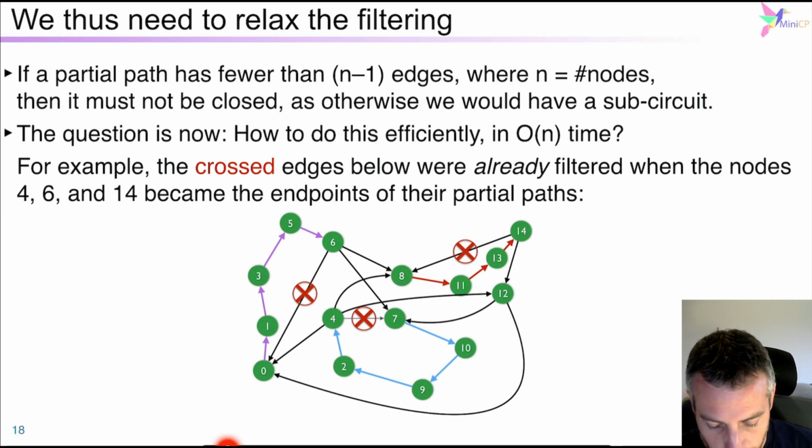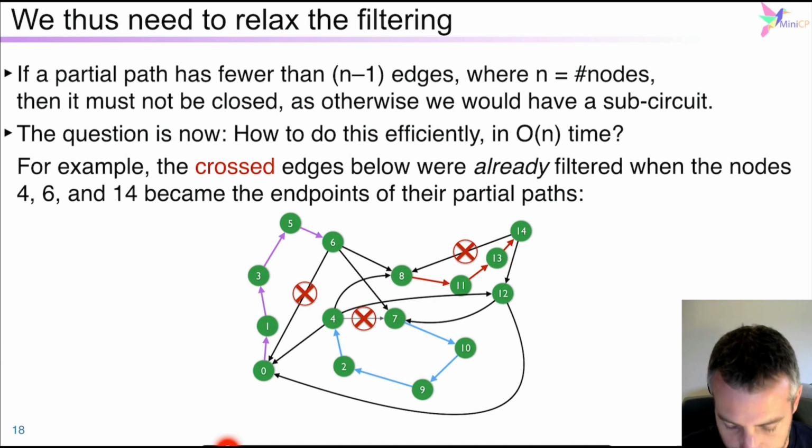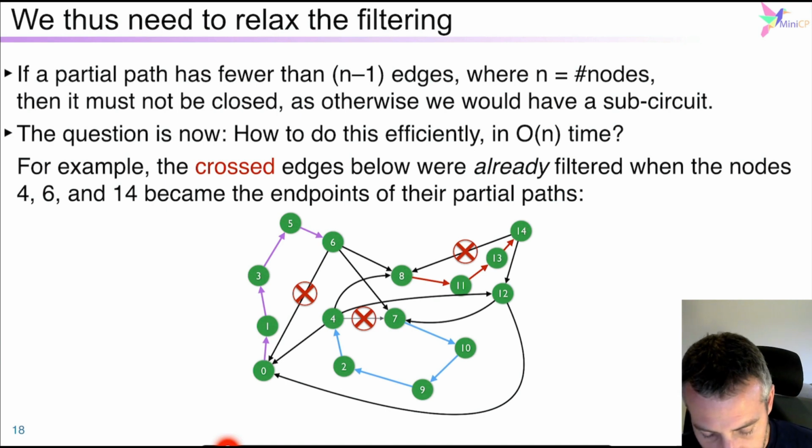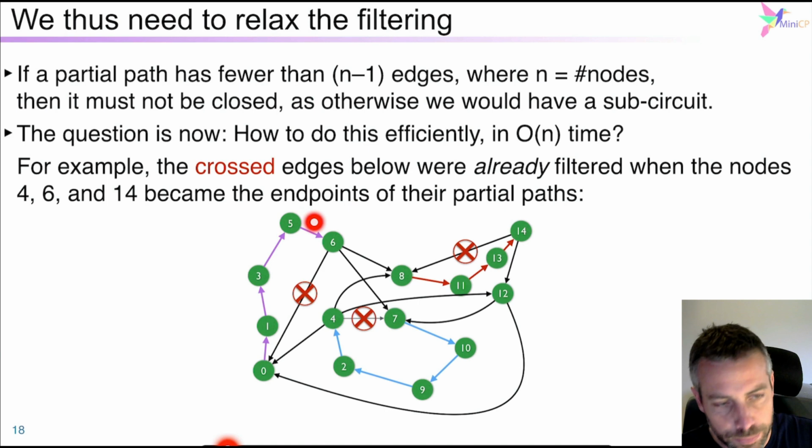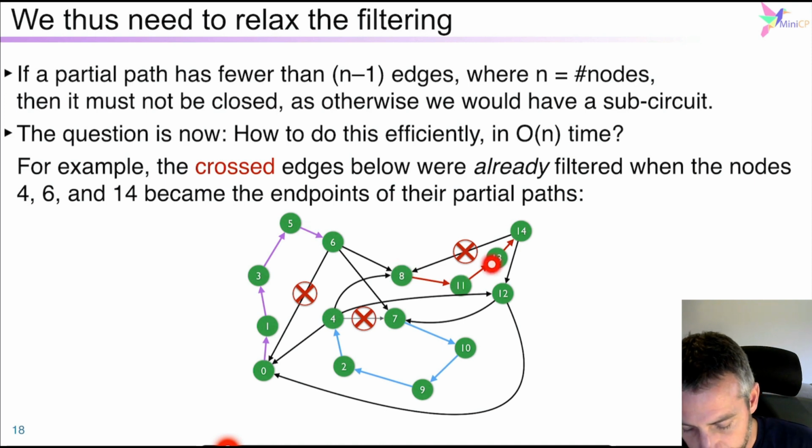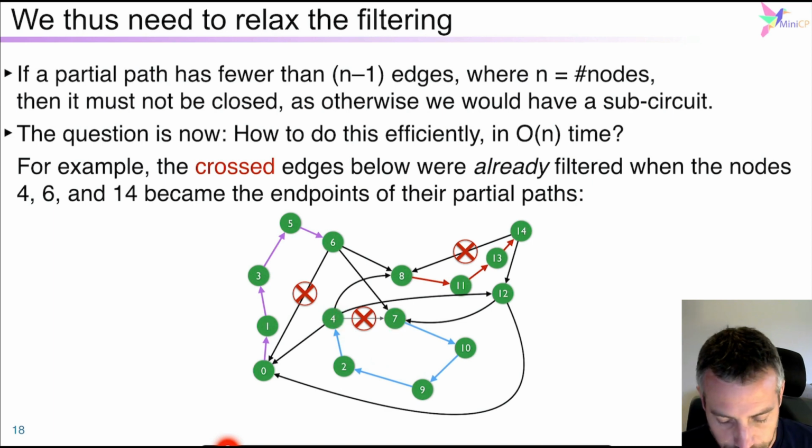Then it must not be closed, otherwise we would have a subcircuit. So we can remove these edges, since if you would assign the successor of 6 to 0, you would close the subcircuit here. That's not allowed. We want to have only one circuit. It's the same here, and it's also the same here. We want to prevent closing the circuit here.